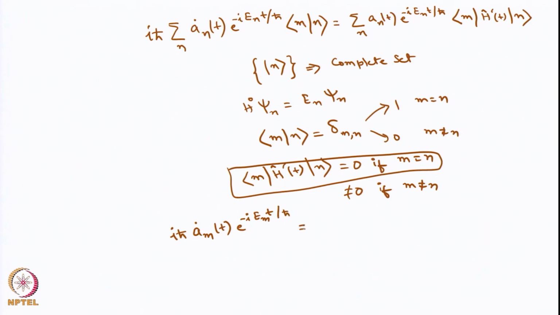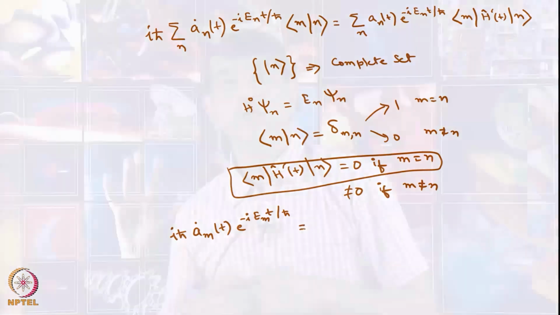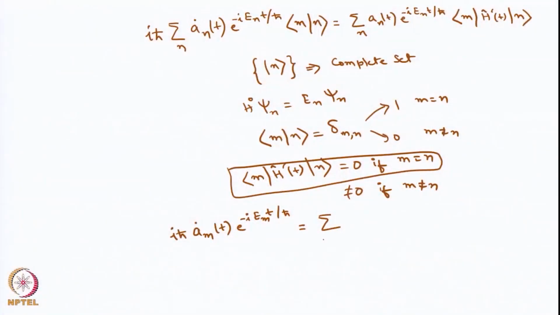This is equal to, in the right hand side, all the terms survive other than when m is equal to n. That means sum over n not equal to m a n of t e to the power of minus i E n t by h bar, integral of psi m H prime of t psi n.